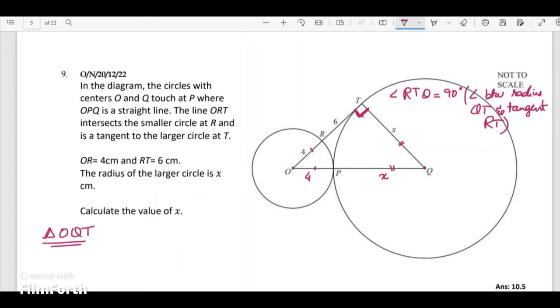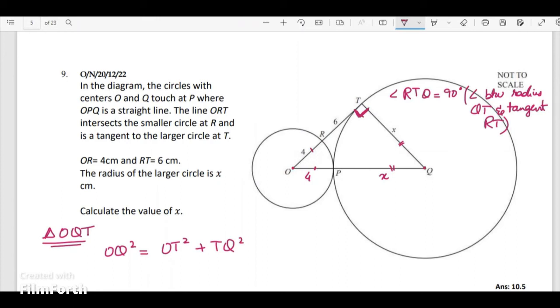For that, OQ squared would be equal to OT squared plus TQ squared. This is what the Pythagoras theorem would look like if we apply it over here.